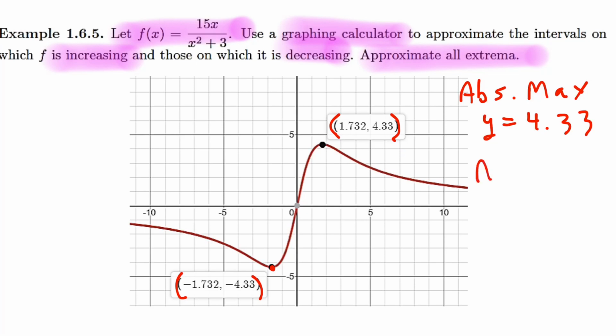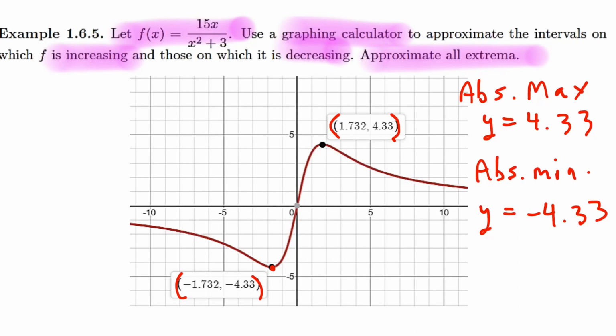So the absolute min would be y is equal to negative 4.33 at an x value of negative 1.732, and this would be the ordered pair. So be careful that you're inputting it in the homework problem correctly, depending on what they're asking you.